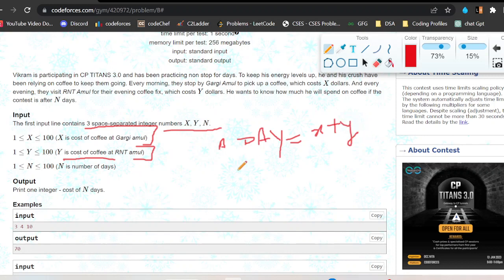Okay, now the total cost for a day is x plus y.